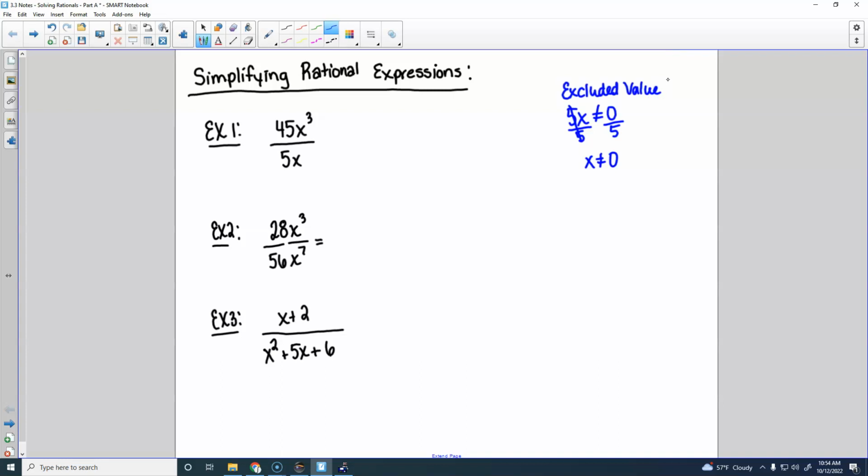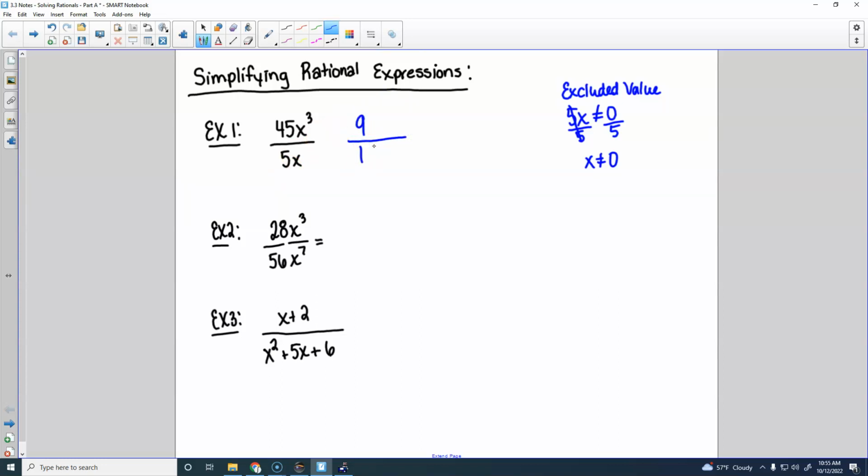So once we've considered our excluded value, we are going to look at what we have. We want to reduce any coefficients that we can reduce, cancel any x's that we can cancel. So if I've got 45 on top, 5 on bottom, will those reduce? They will. I can divide both of them by 5. That will give me a 9 on top, a 1 on bottom.